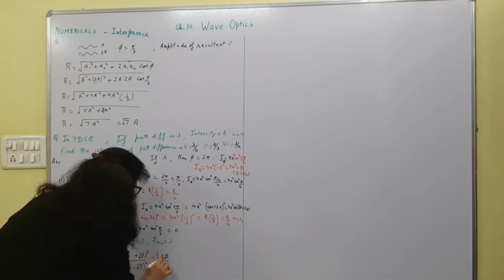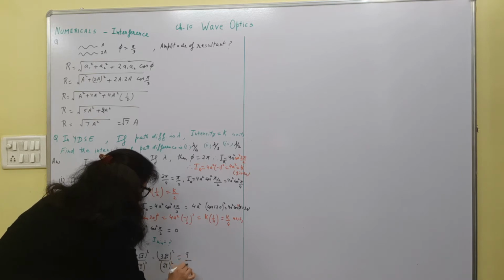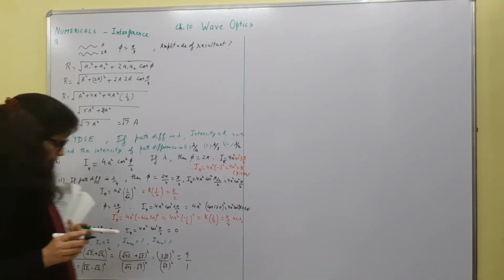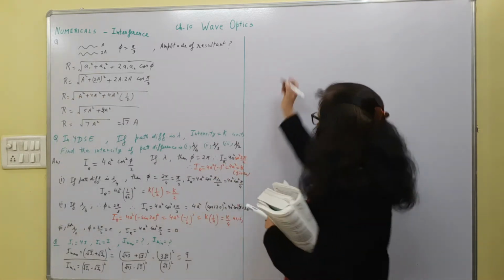Separately also we can calculate. This is 9:1. So if I want to write separately, I can write separately also.